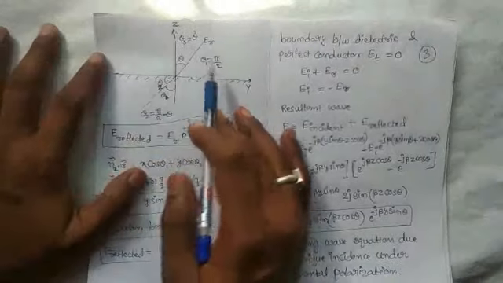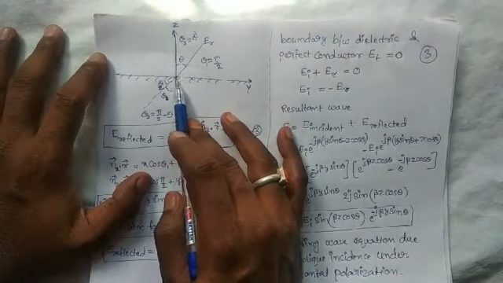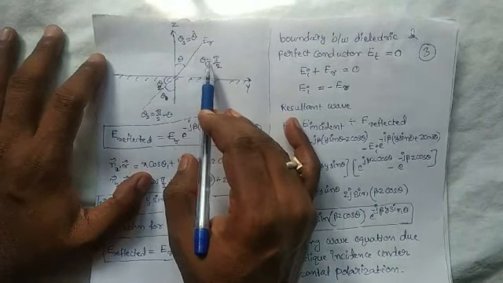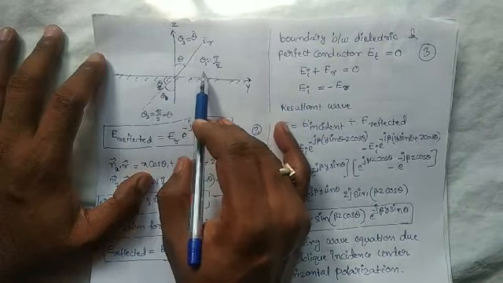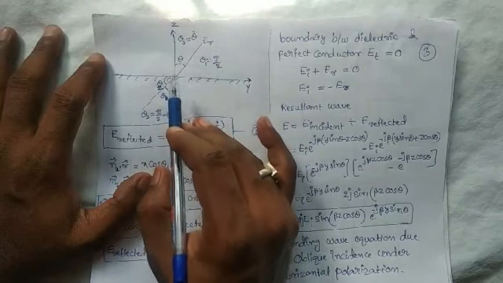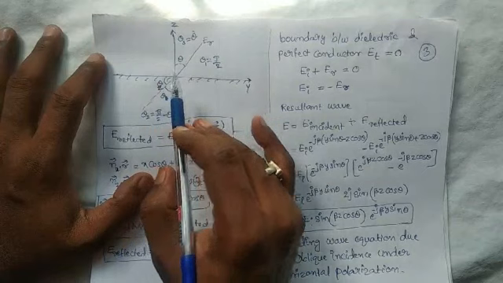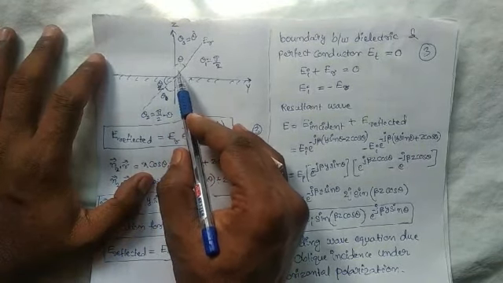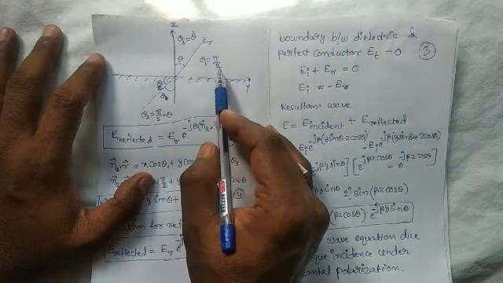The reflected wave makes an angle with the x-axis, which is perpendicular, out of the page. The angle between ER and the x-axis is 90 degrees, so theta 1 is 90 degrees.